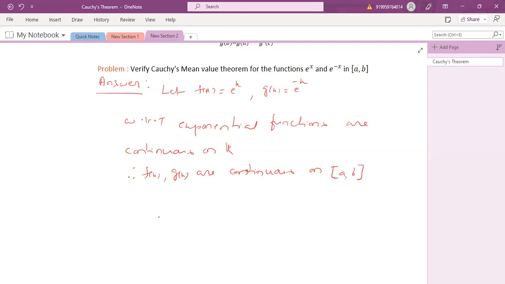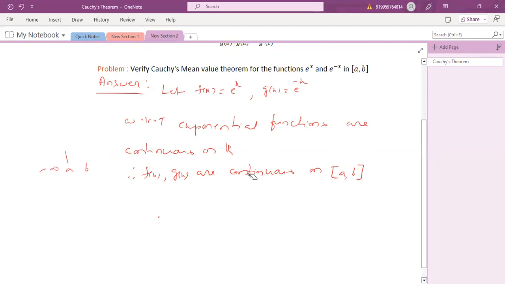An interval is nothing but a subpart of the real line. The real line is usually minus infinity to plus infinity. So at all points the functions are continuous. Therefore, in between the points a comma b, also the function is continuous.